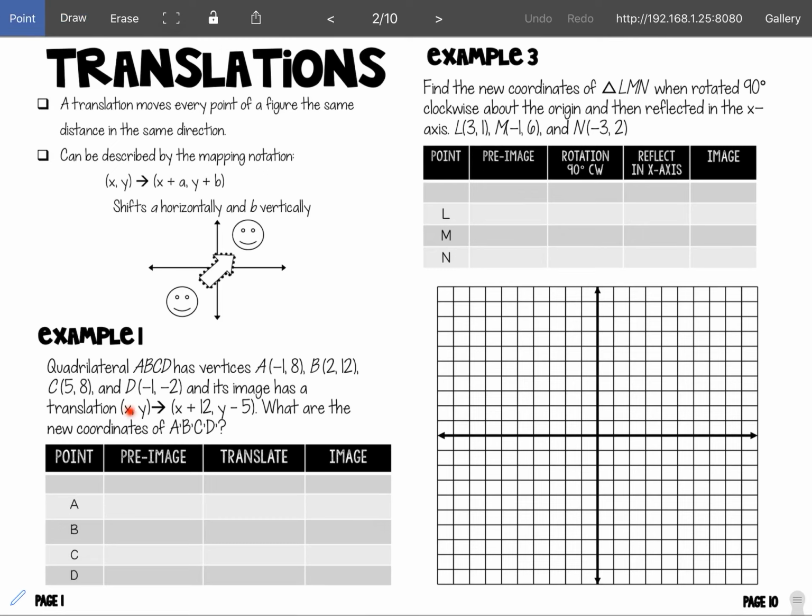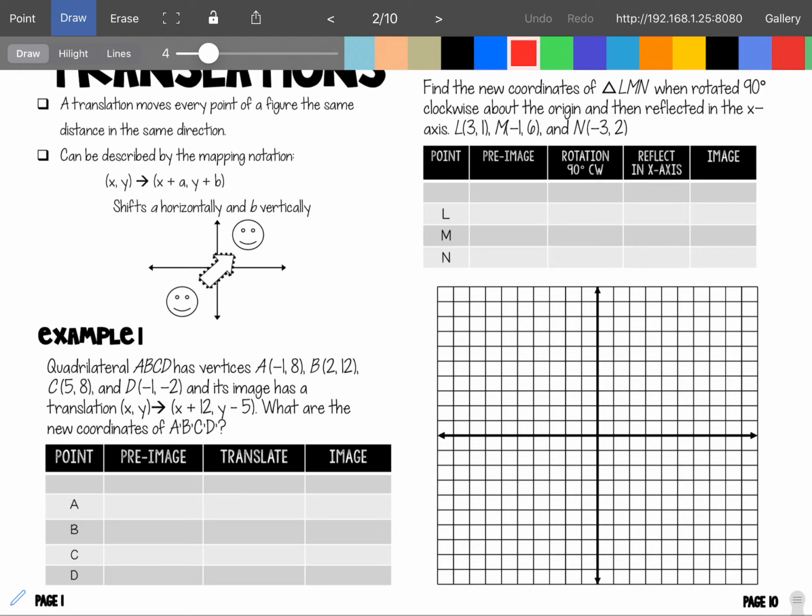So the rule for the transformation is right here. It says you're going to add 12 to the x coordinate and subtract 5 from the y coordinate. Now in your book, they'll either write it like this, or sometimes they use a vector notation. In their vector notation, they make this bracket and write positive 12, negative 5.